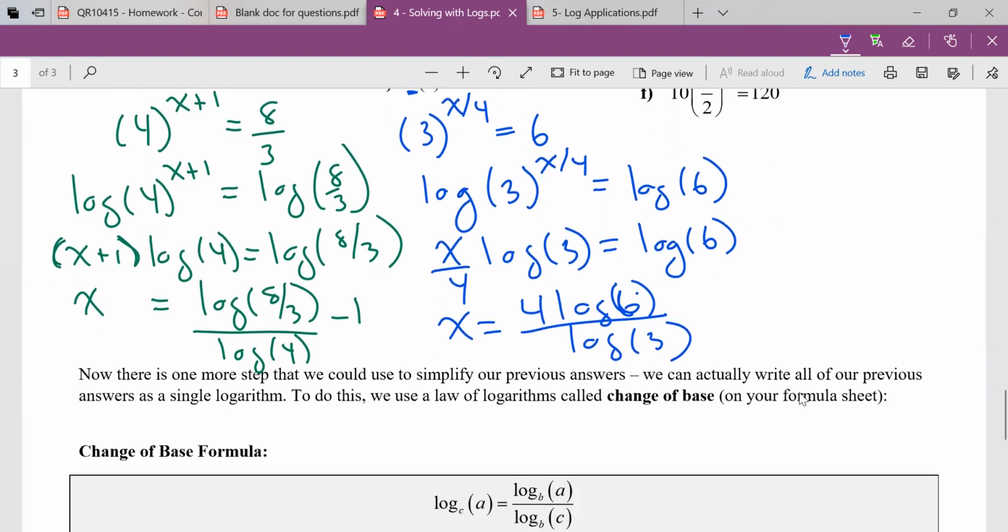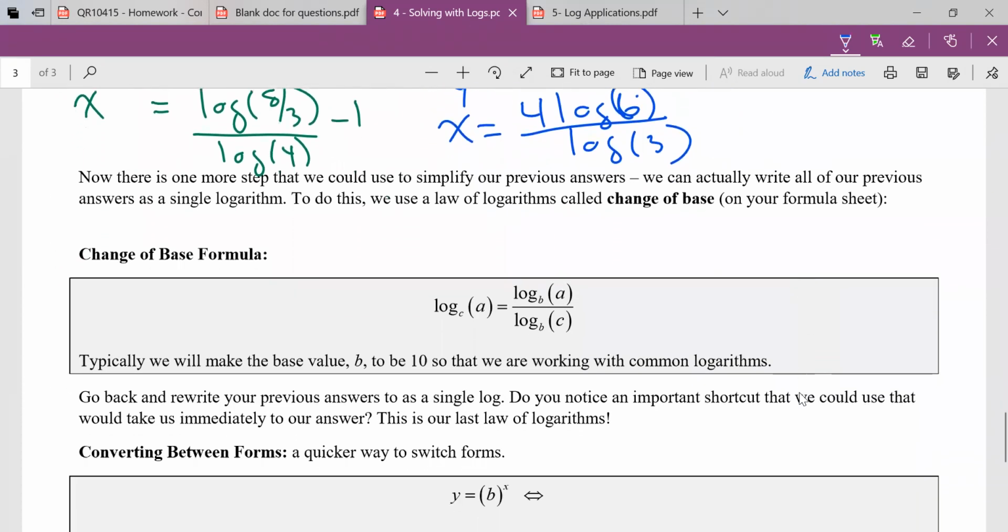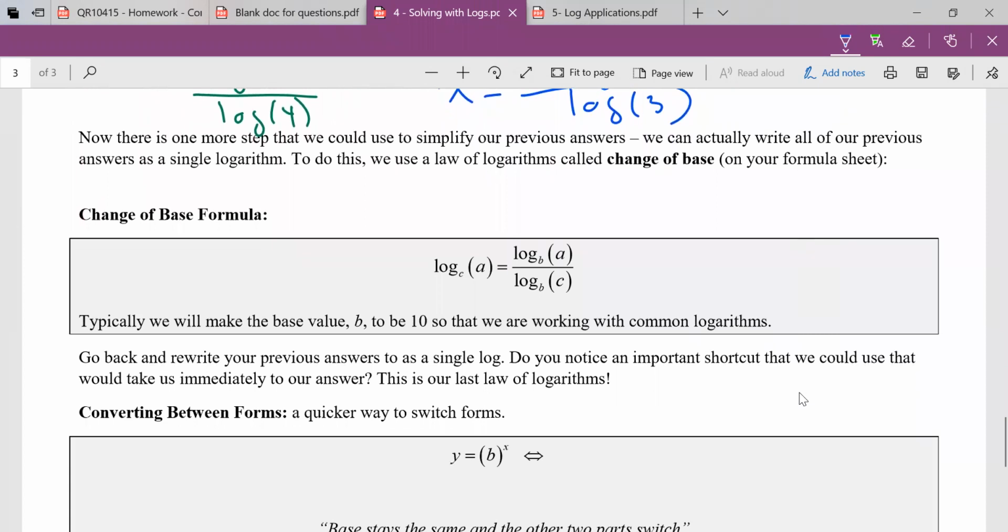Now, there is one more thing that we can do, and this last thing is actually going to help us develop a bit of a shortcut, which I'll explain in a minute. We're going to use the last formula that's on our formula sheet, known as change of base. How change of base works is when we're dividing two logs, we can simplify them into a single log.